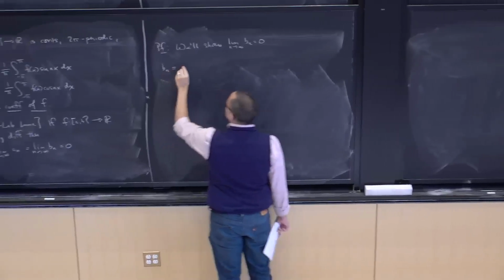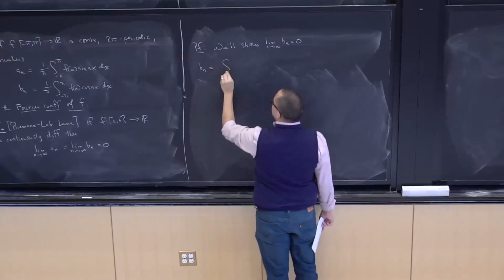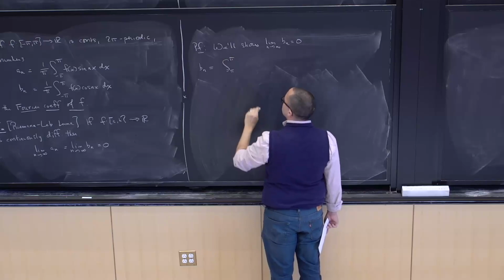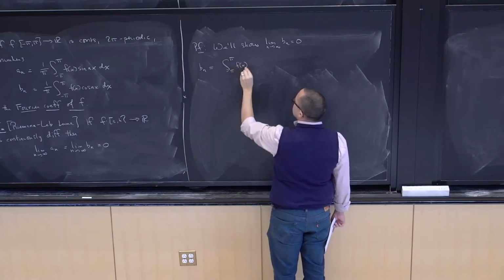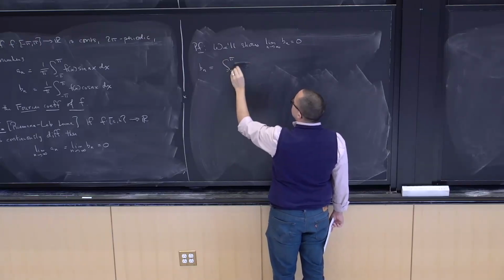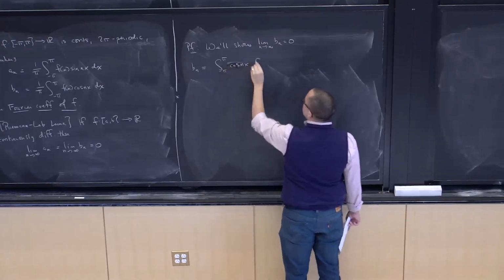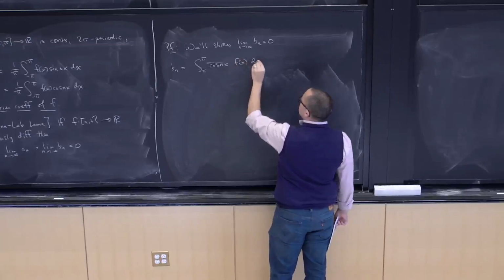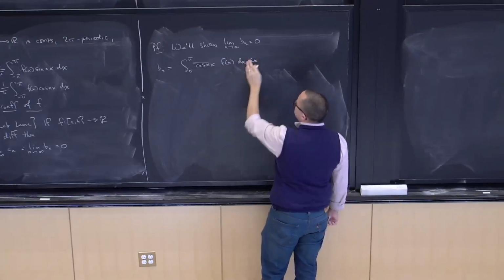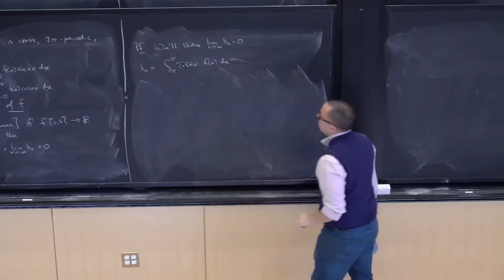So let's look at b_n. This is equal to the integral from minus pi to pi of cosine nx times f of x dx.